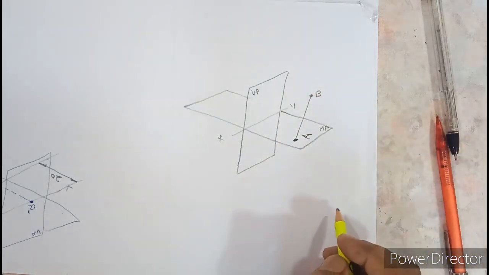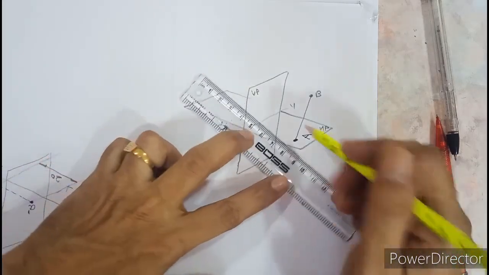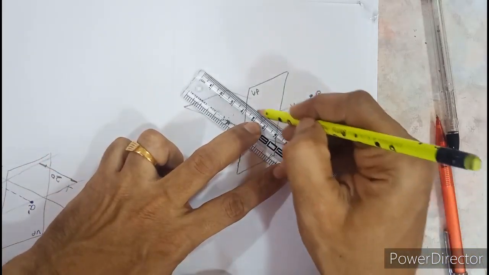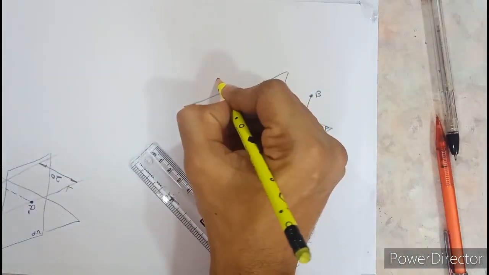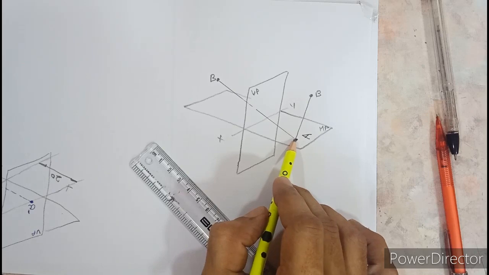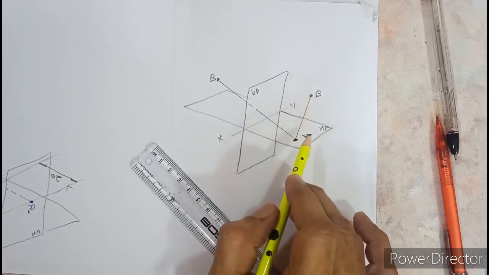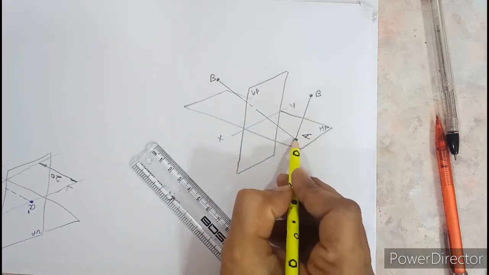It's not like that. It is also possible that if A is in first quadrant, the line may cut the quadrant, come out from the other side, and B can be in second quadrant also. So if A is in first quadrant, it is not compulsory that B will also be in first quadrant. B can be in second quadrant also. Even B can be in third quadrant.